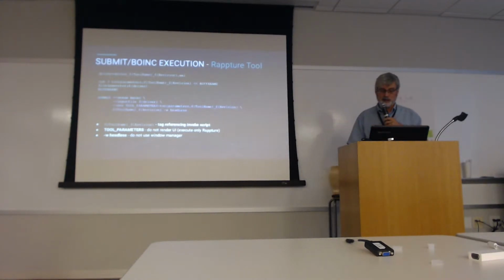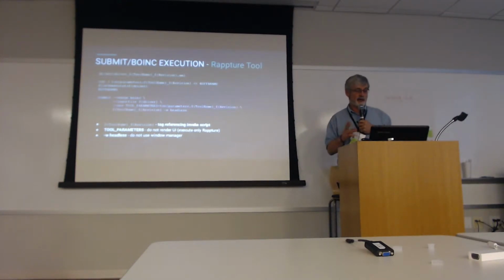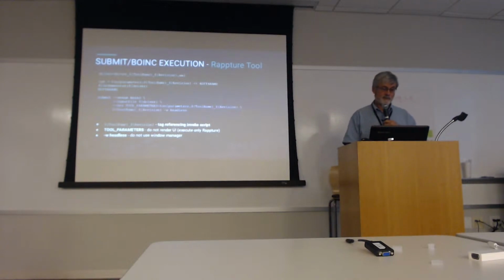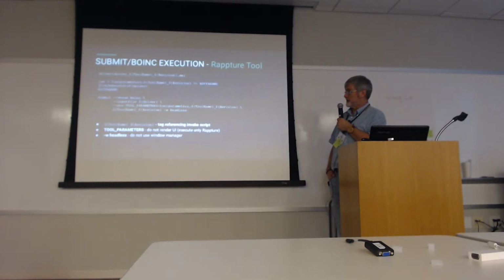You give it an input file, and for the 300 or so Rappture tools, the input file is an XML file in a relatively standard format, so it's easy to ship around. Not as big as the one that we saw earlier for the weather simulation, I'm sure. You also have to tell it what tool you want to run, which is basically the last line.